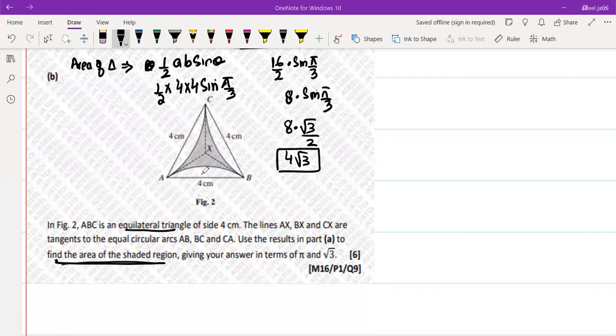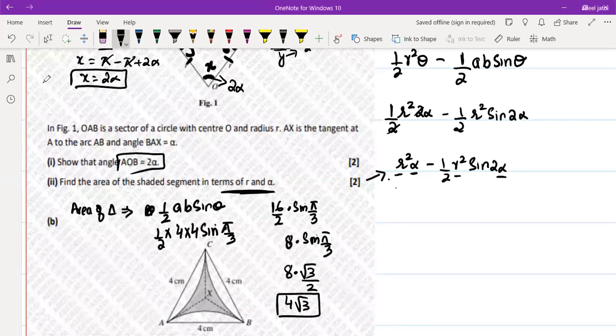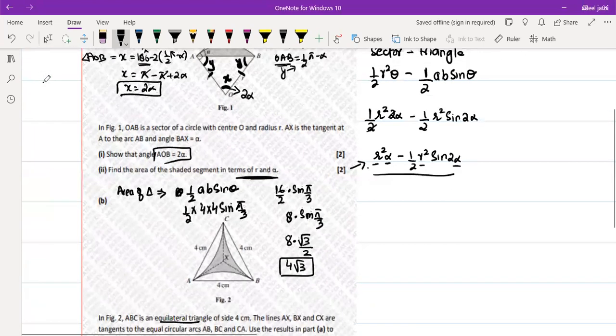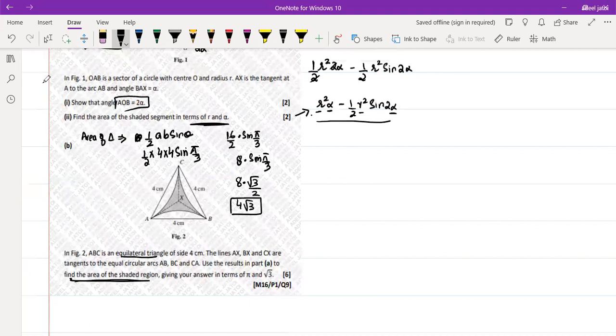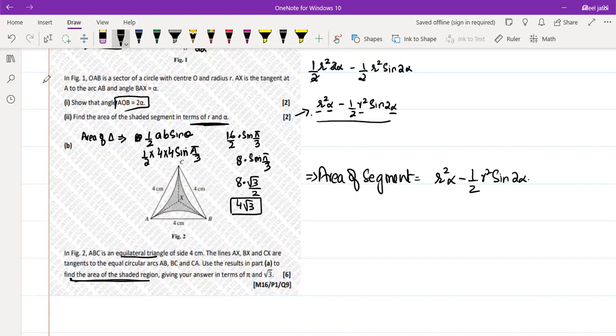In the last part, we calculated the area of the segment. Area of segment is r square alpha minus half r square sine 2 alpha. So if we get the area of segment and subtract it from the area of the triangle, we get the area of the shaded region.